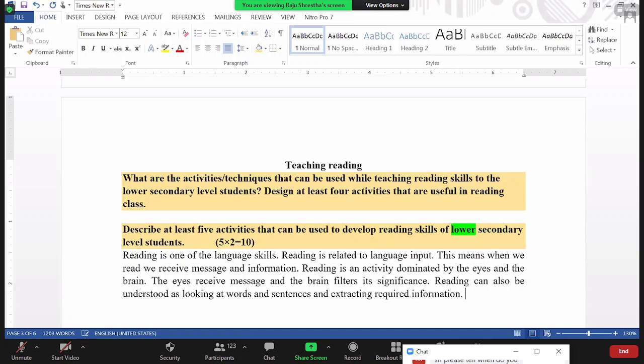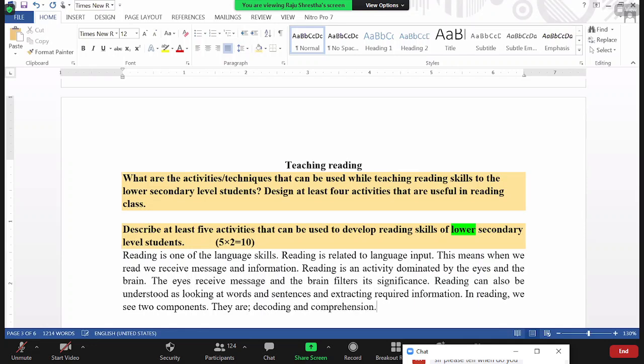You know, in reading, we see two components. They are decoding and comprehension.